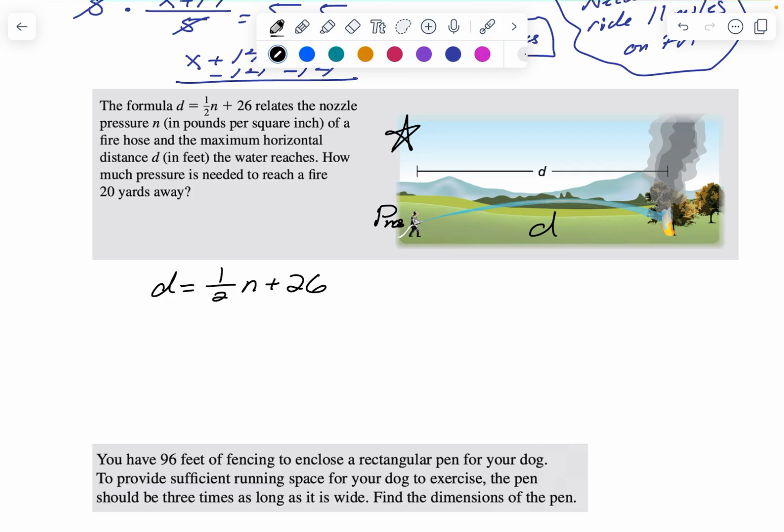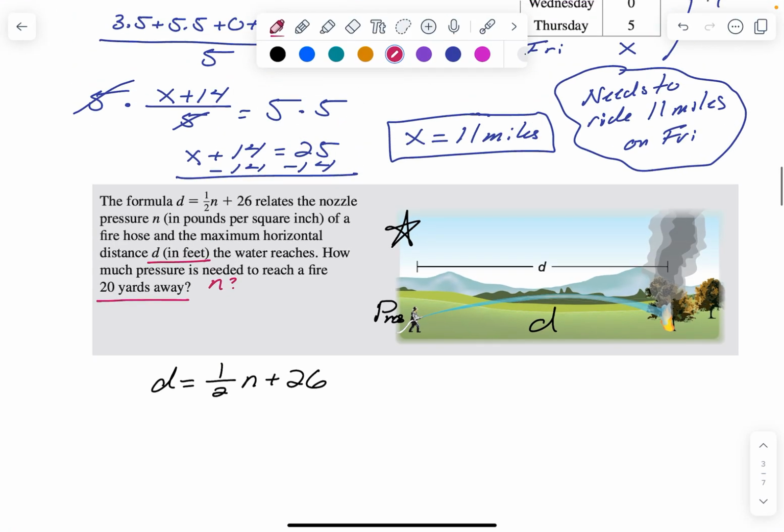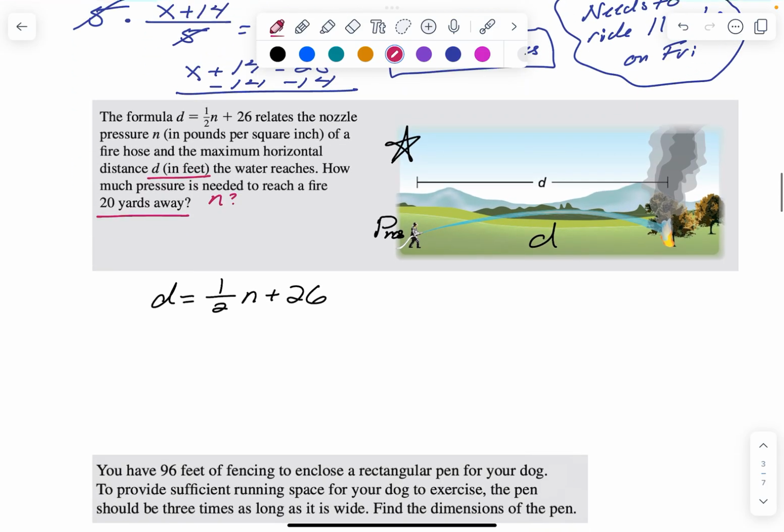So the question is, how much pressure is needed? We want to know N, that's what we don't know, to reach a fire 20 yards away. Here's where they make it tricky. Notice what they said about D up here. They said D is in feet.